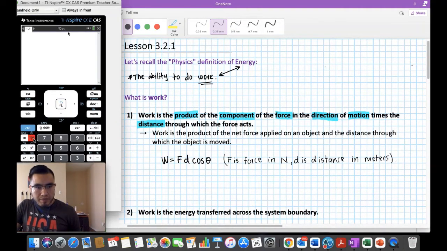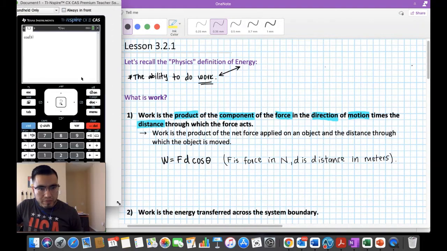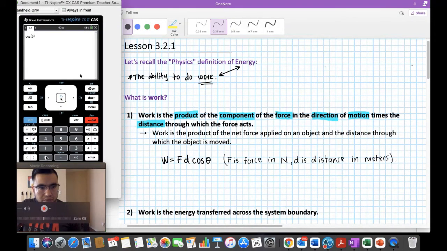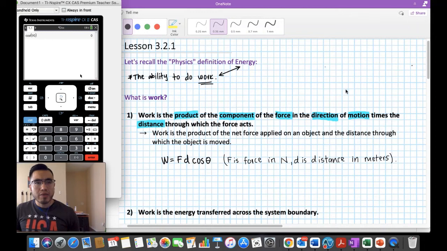If we get the cosine of 90 degrees, there you go. That is 0, meaning we're not doing any work in the physics sense.